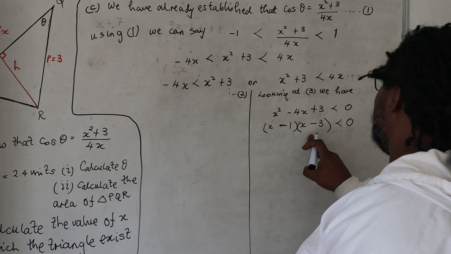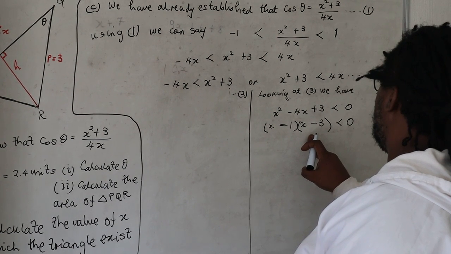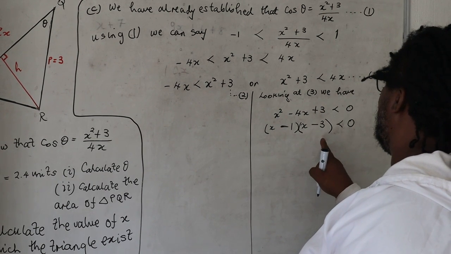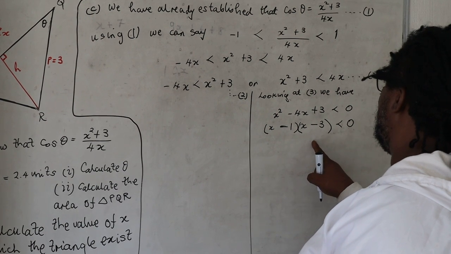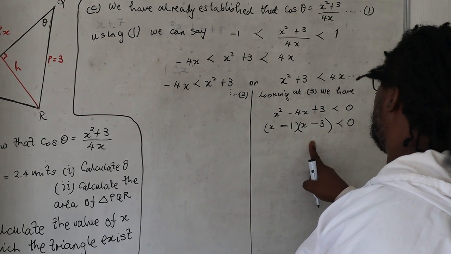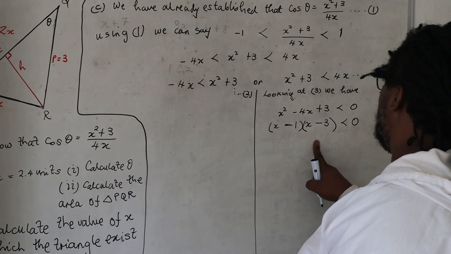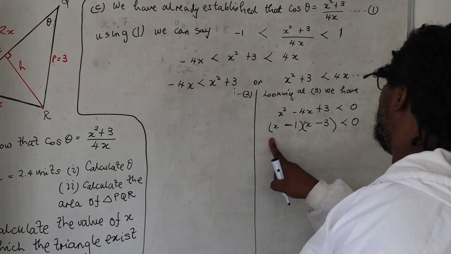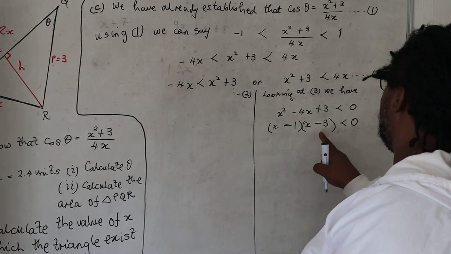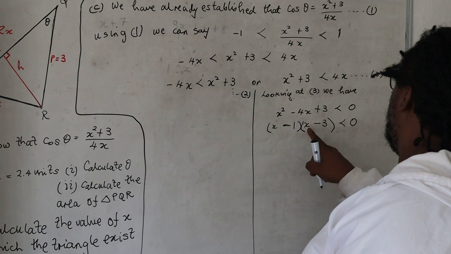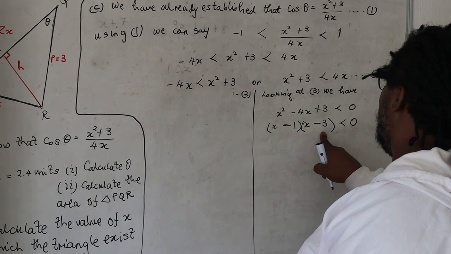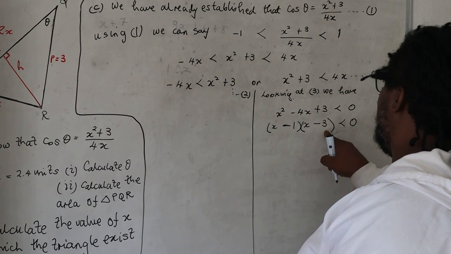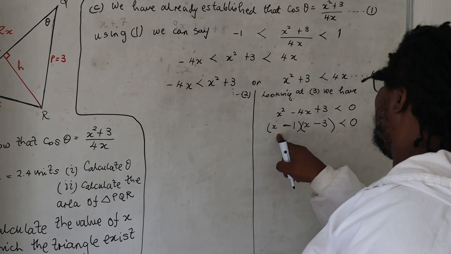So if we have a number greater than 3, because we need to remove this smaller number here, the bigger number, if we subtract from 3, it will be positive, and this will be positive.